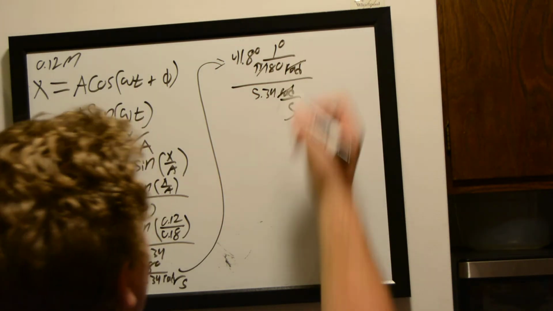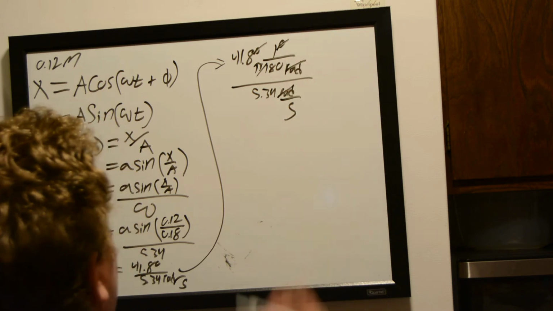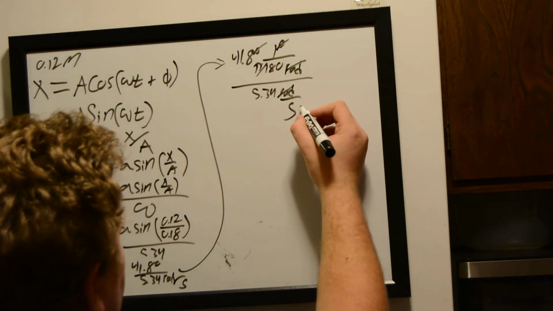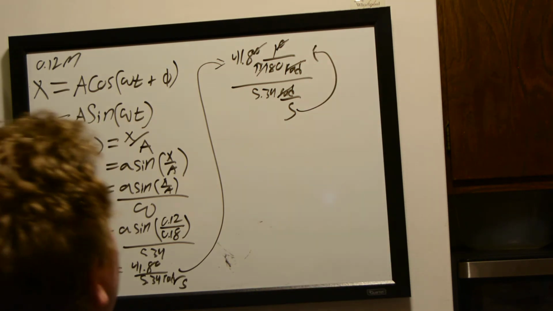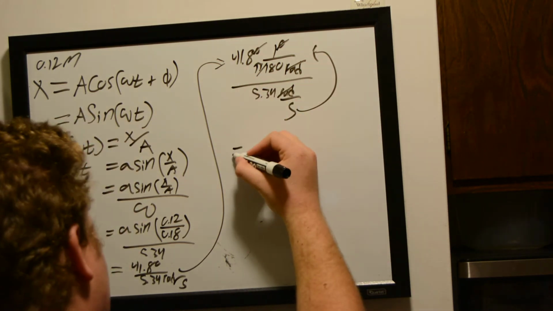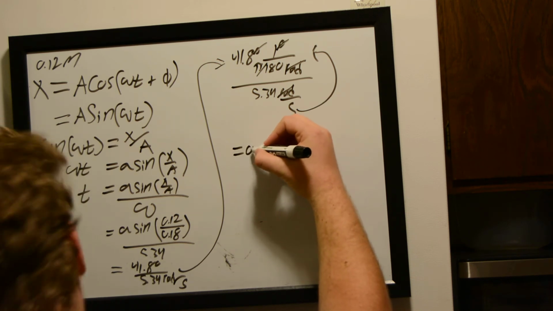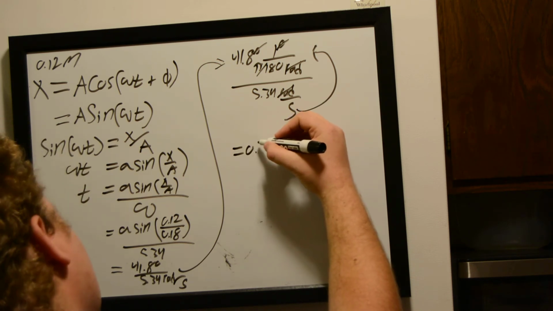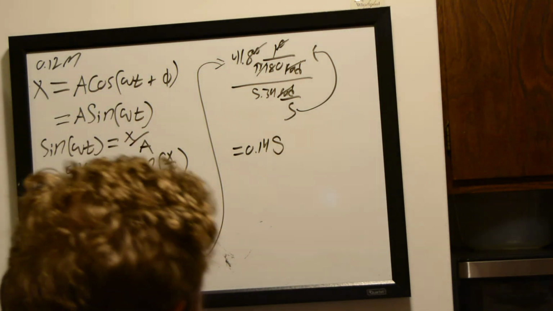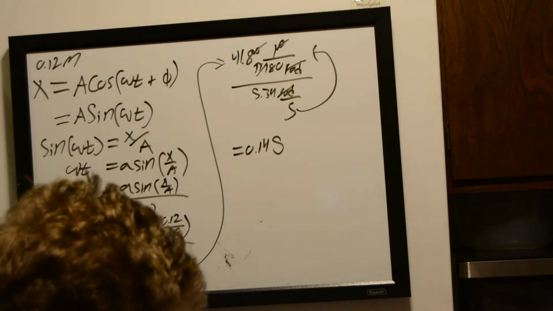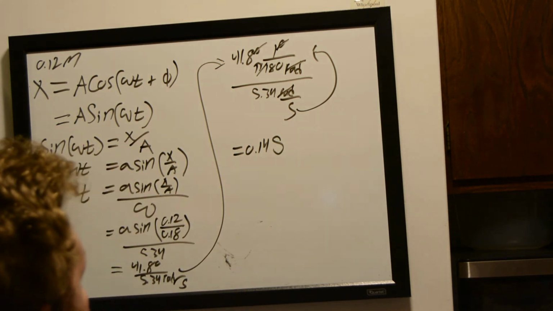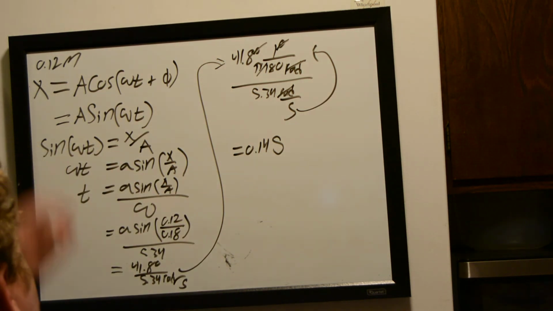So radians will cancel out here, degrees will cancel out here. And because this is a fraction below a fraction, the second is just going to come up here, and we can just do this math, which comes out to be 0.14 seconds is the time it'll take for this pom-pom to go from rest to 12 centimeters.